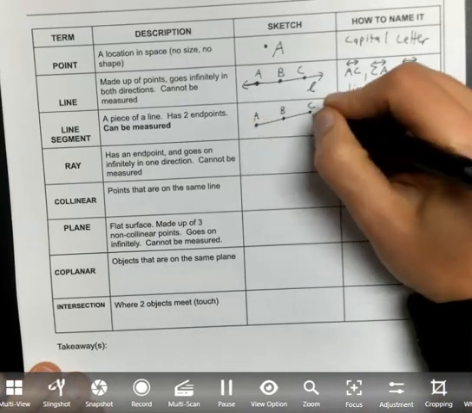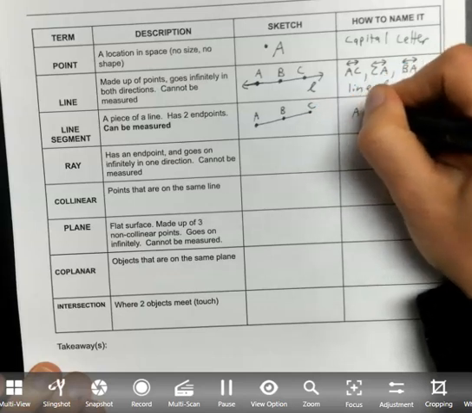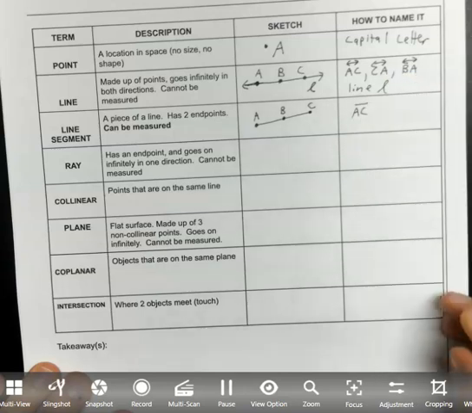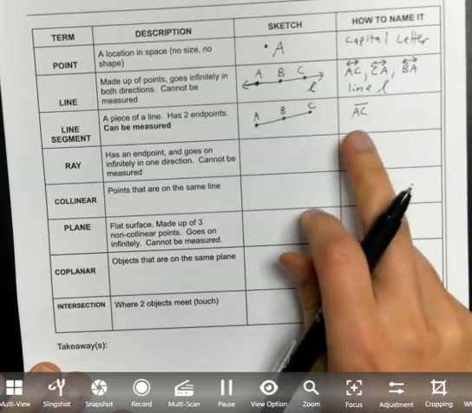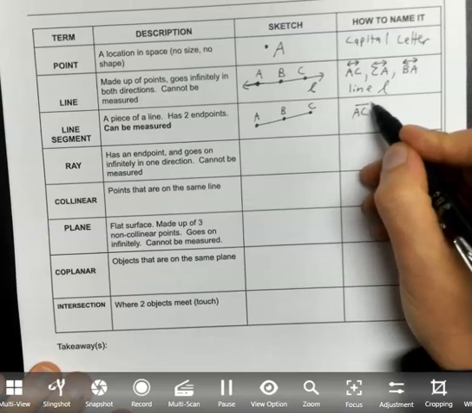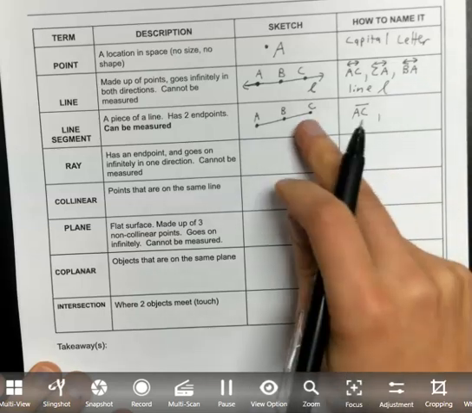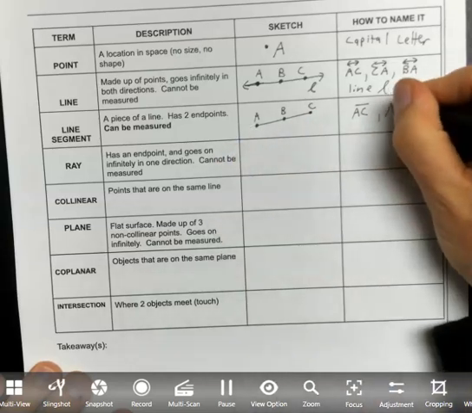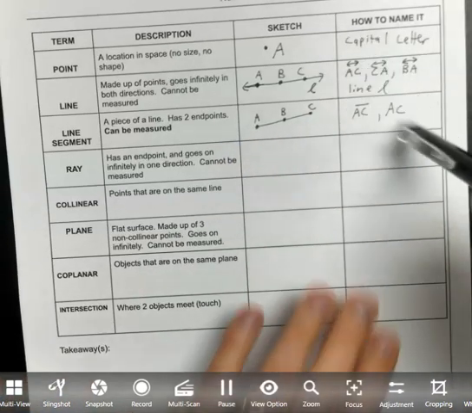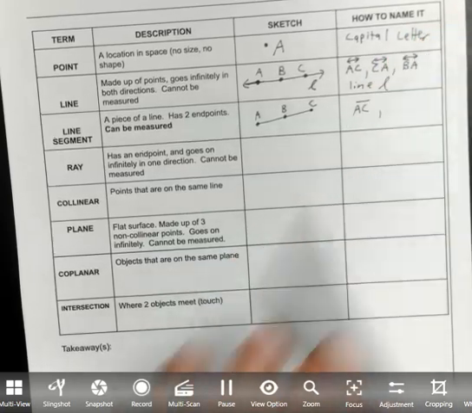So this line segment goes from A to C, so I can name it line segment AC. If I say line segment, what I draw on top of it does not have any arrows. It's just a bar. I can also go backwards and say line segment CA. Same thing as line segment AC.